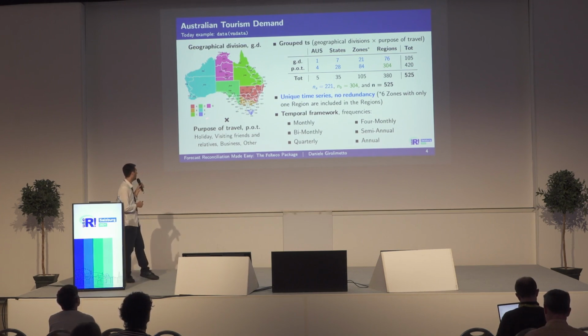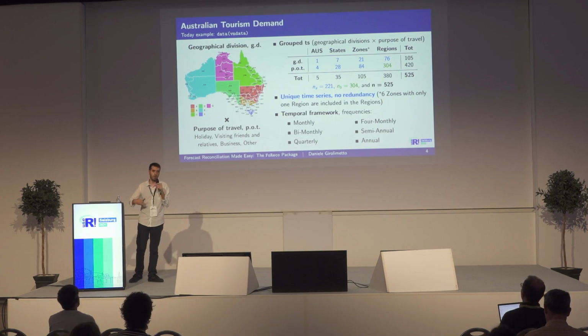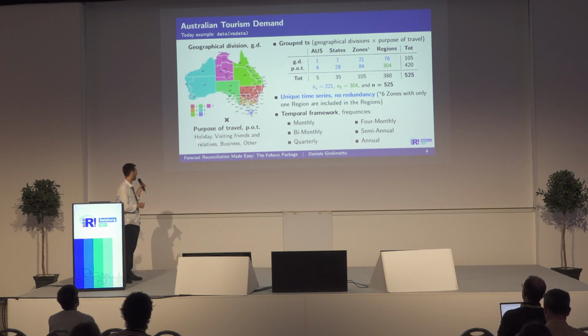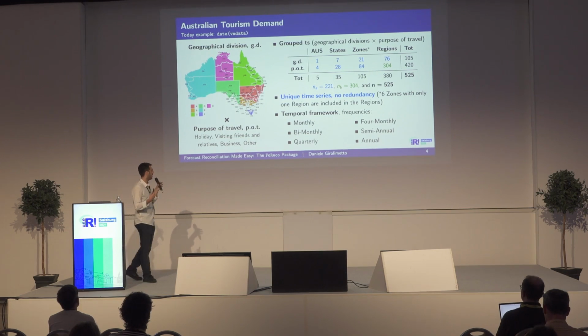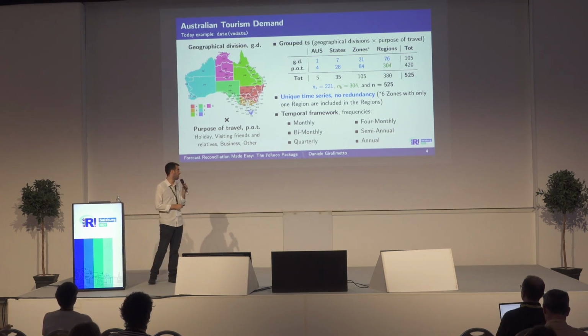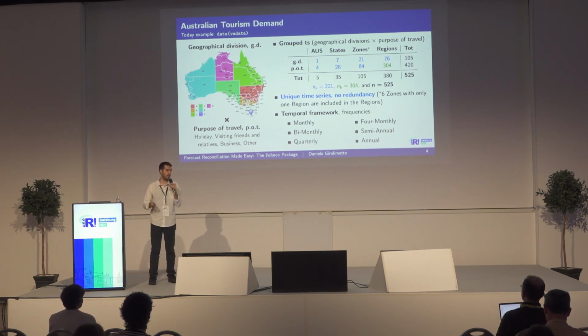And then we have the division by purpose of travel. One can travel for holiday, visiting friends and relatives, business, and other. From the temporal point of view, we have a monthly time series aggregated to bi-monthly, quarterly, until the annual level.